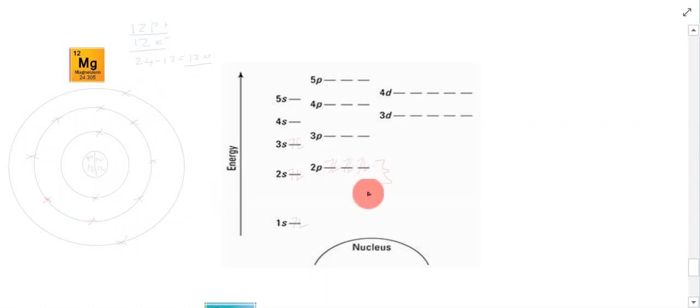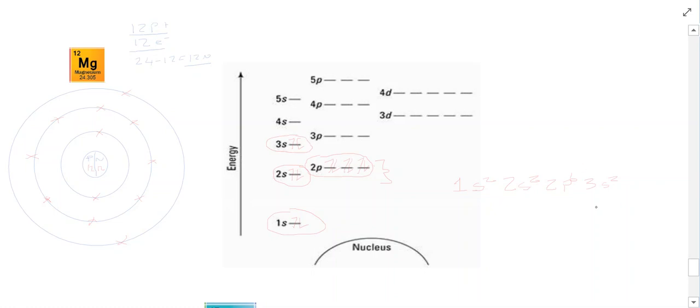So this is what the Bohr structure looks like, and this is what an electronic configuration structure looks like, and then we can write this out. Magnesium is going to be 1s2, which represents this, then 2s2, then 2p6, which represents these 6 electrons in this sub energy level, and then 3s2, which is this energy level here.